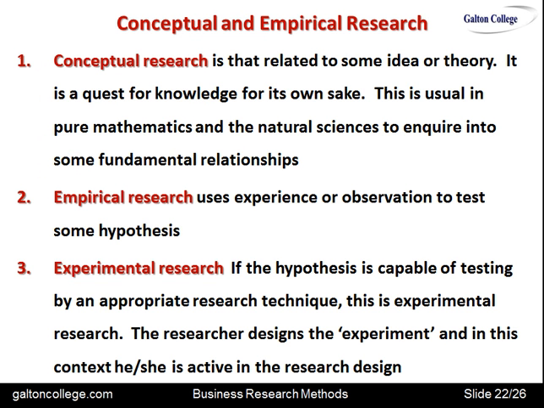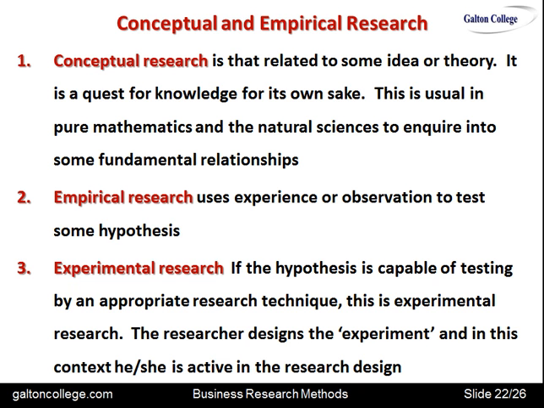There's also conceptual and what we call empirical research. Empirical means done by experiment. Empirical is normally conducted by physicists and chemists and people dealing with the natural sciences. Conceptual research is that related to some idea or theory.